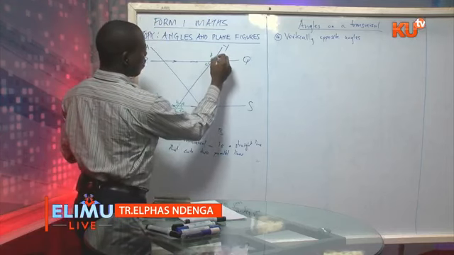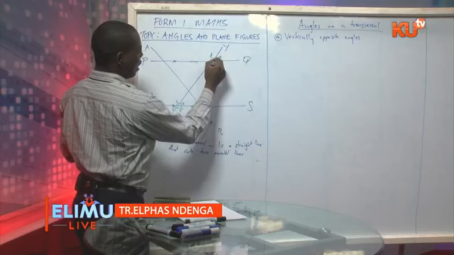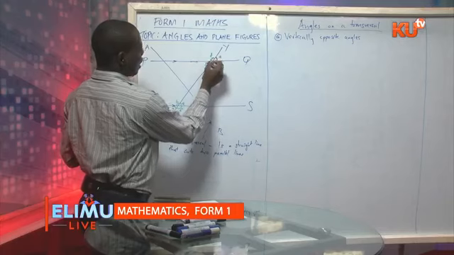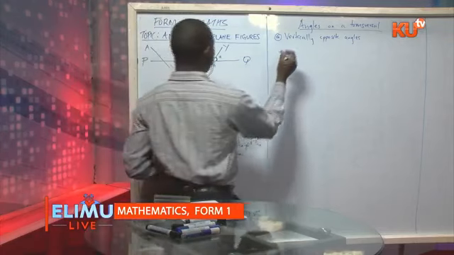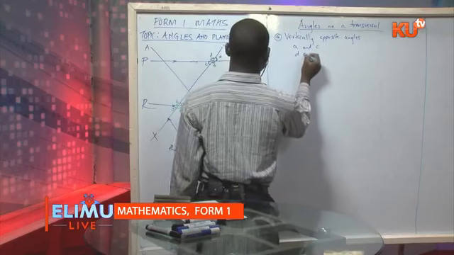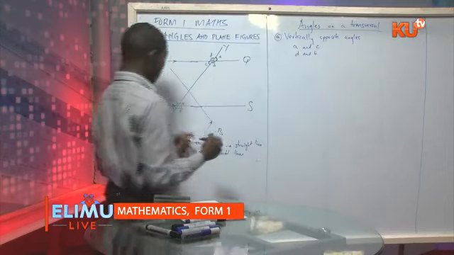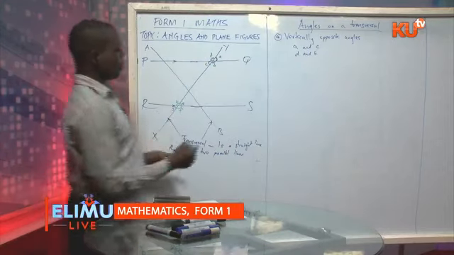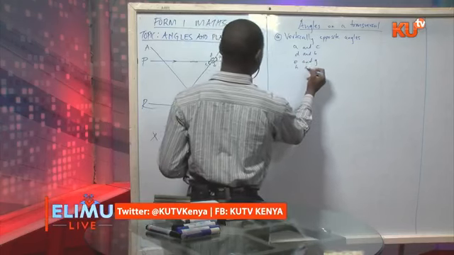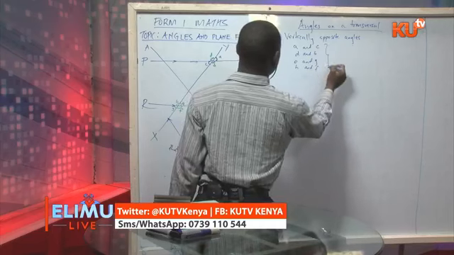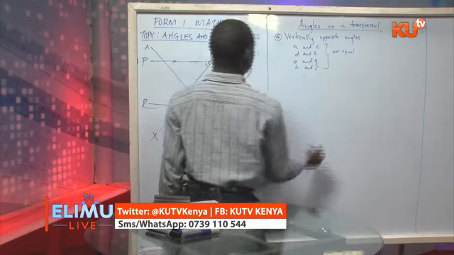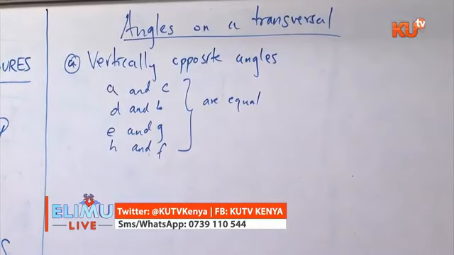Let's look at the angle A and the angle C, with the angle D and the angle B. So we have A and C, D and B. Equally, at this end, we have E and G, then H and F. These are vertically opposite angles and they are equal.